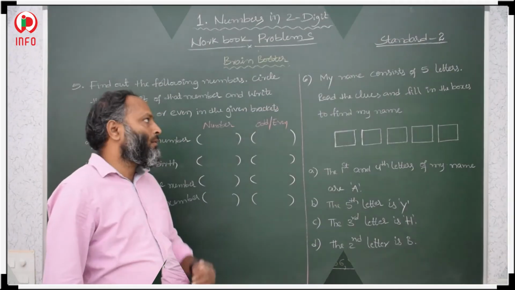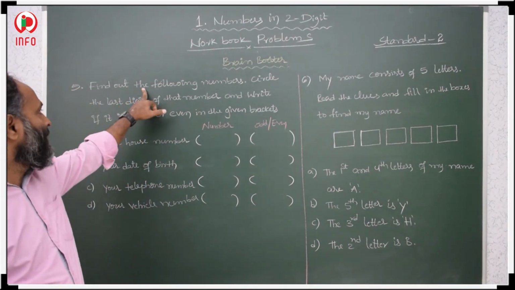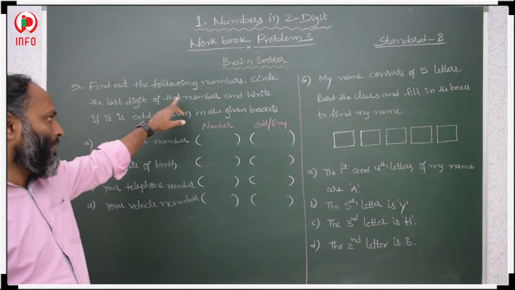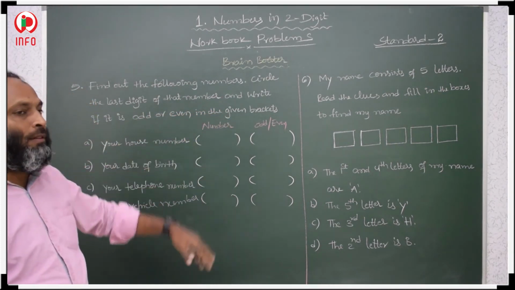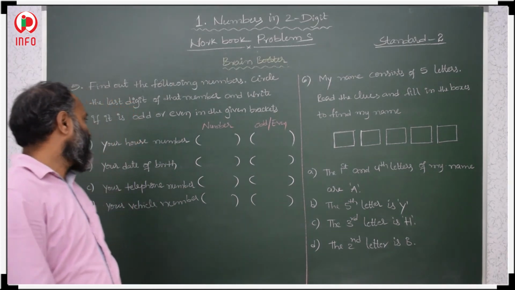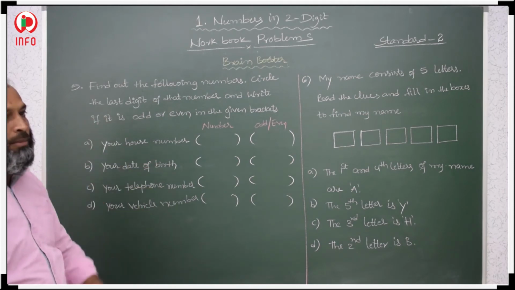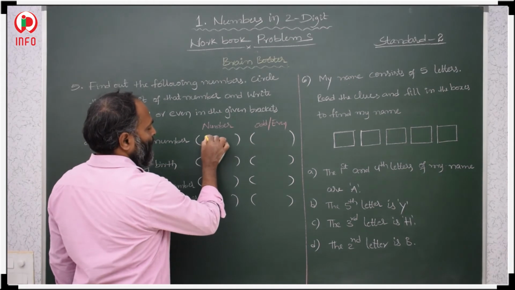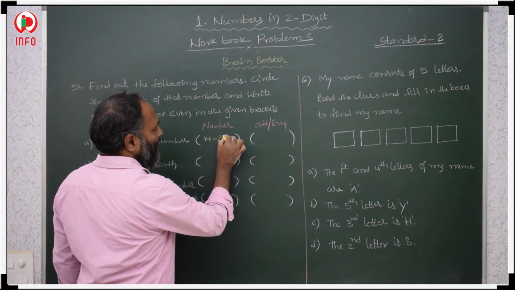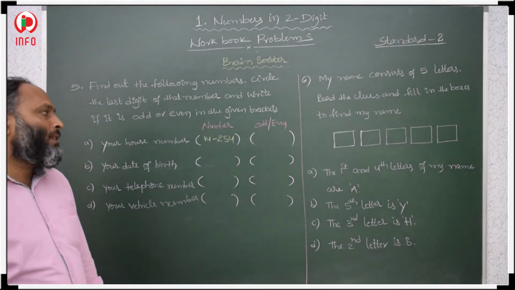Okay, now students, the next question. Find the following numbers, circle the last digit of that number, and write whether it is odd or even in the given brackets. Here the questions are about your house number. For example, I am taking 14-254 as the house number.